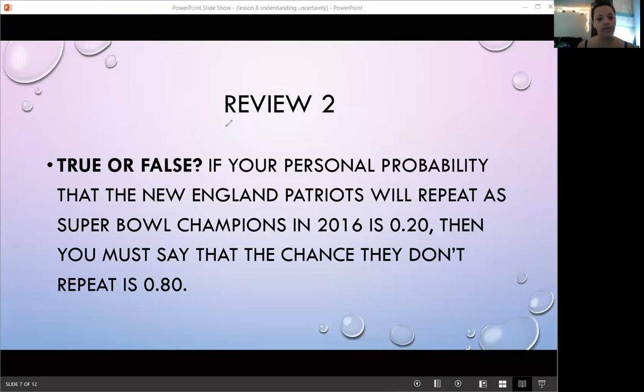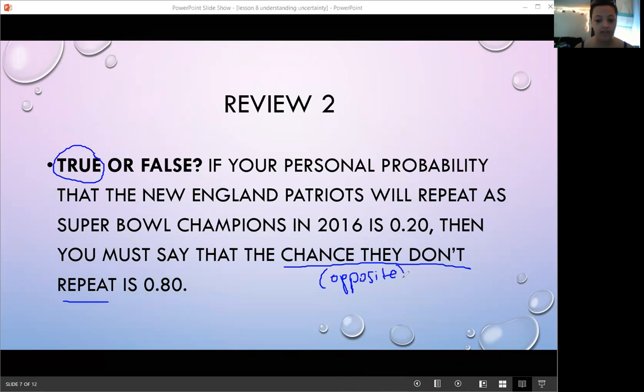So if we look at this one, our answer is going to be true, because remember, personal probabilities do have to obey the rules of probability. First, they have to be between 0 and 1, but then also the chance of an opposite event is 1 minus the chance of the event. So here, the chance of the event is 0.2, and we're trying to find the chance of the opposite event.